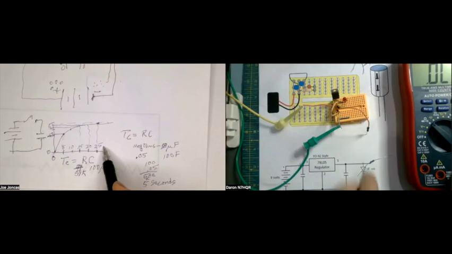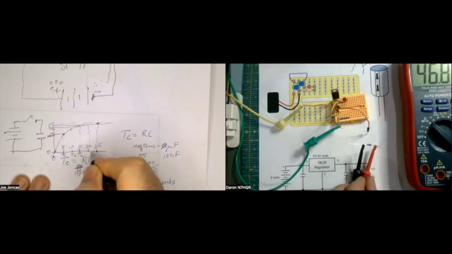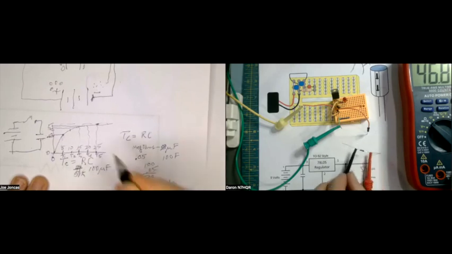So is the 5 divisions related to the 5 seconds? Yeah, this is 5 seconds, 10 seconds, 15 seconds, 20 seconds, 25 seconds. So say this is T1, T2, T3, T4, and T5, the time constant.